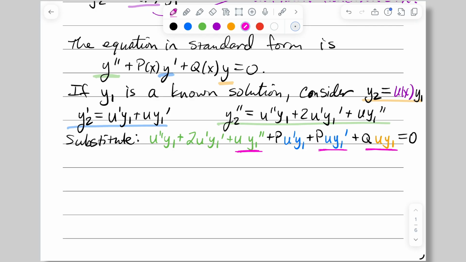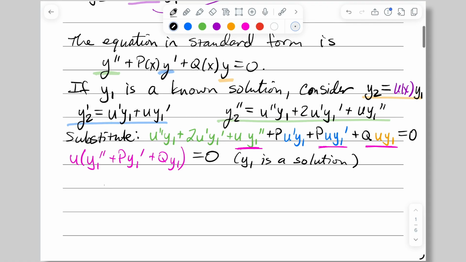Now, if we take all of the terms that have u in them, we can collect u times y1 double prime plus py1 prime plus qy1. But we knew that y1 was a solution to the differential equation, and the differential equation has a right-hand side of 0. Therefore, all of that is equal to 0.